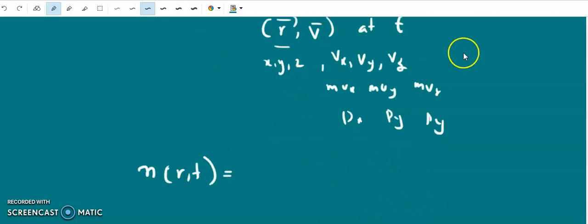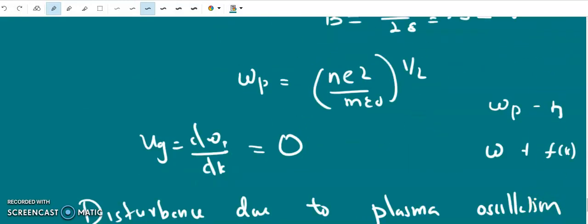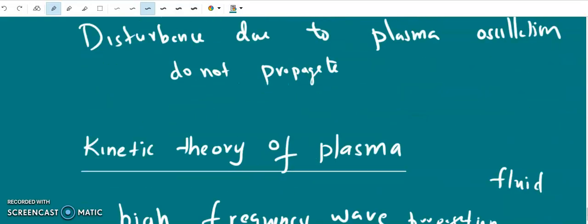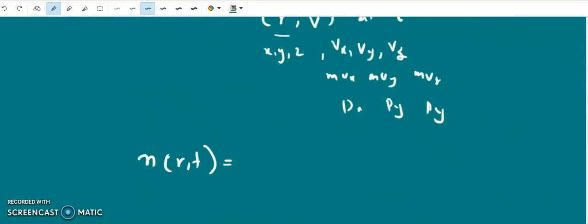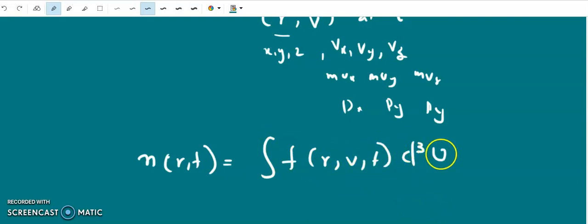We know that when we integrate this f over the velocity, we get the number density. We have done it before. So the number density n of r, t is the integral of f of r, v, t d cube v. We have to volume integrate over vx, vy, vz, the velocity components.